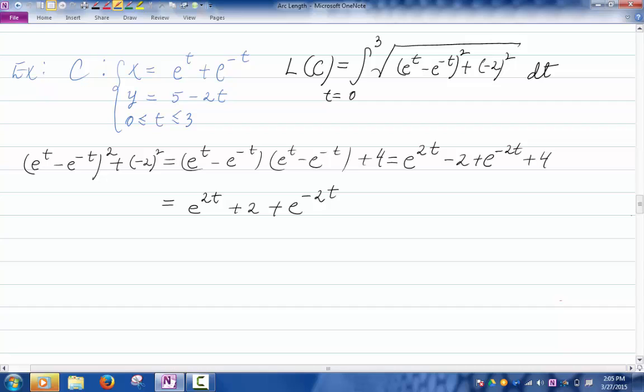Now I want to rewrite this as a perfect square. If you know the binomial theorem, you can do the problem in this way. I'm going to do it two different ways.